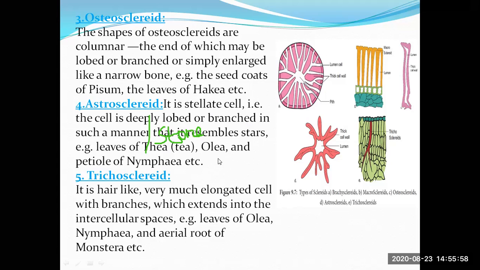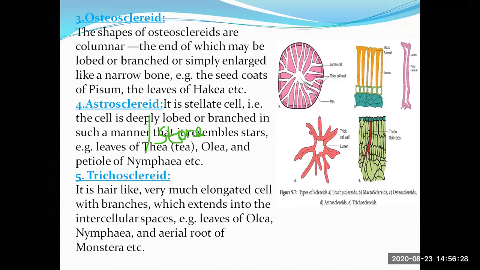Okay, next one is trichosclereids. Trichosclereids means they are hair-like. They are hair-like branched or unbranched sclereids found in the intercellular spaces of leaves. They are very much elongated, branched, hair-like.